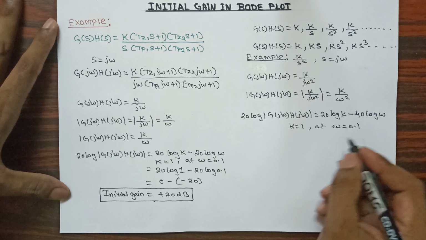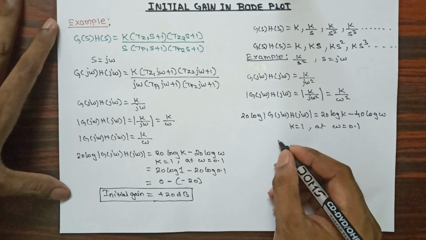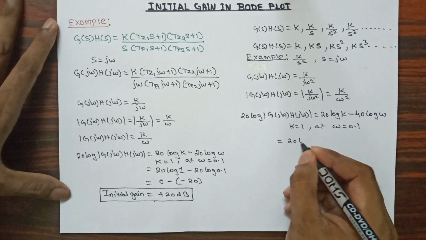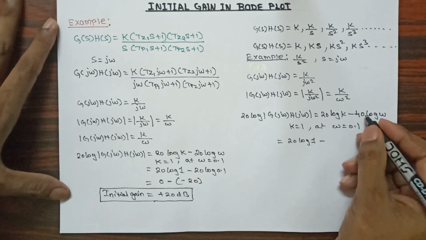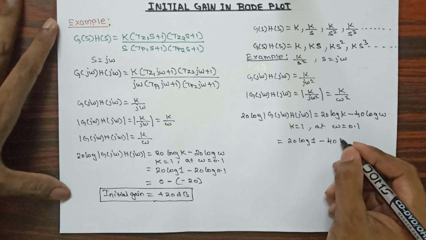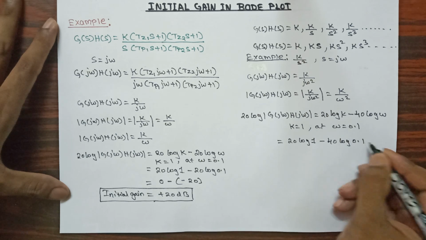So now, by considering ω equal to 0.1, I will get the initial gain 20 log 1, that is K which I have considered as 1, minus 40 log 0.1.